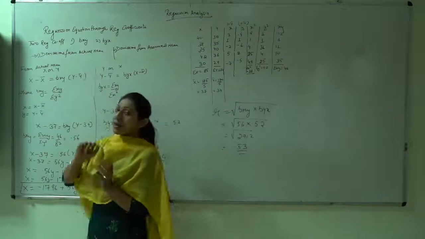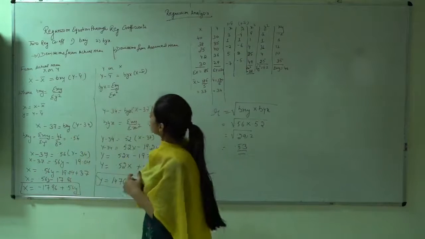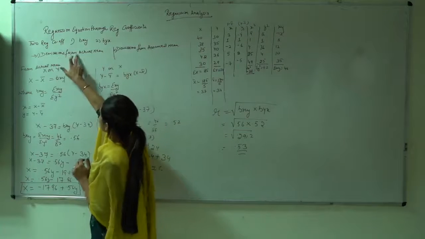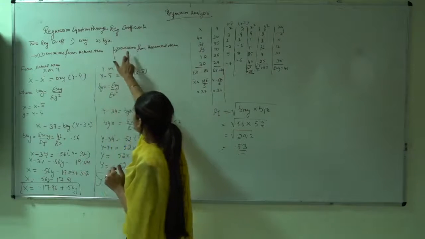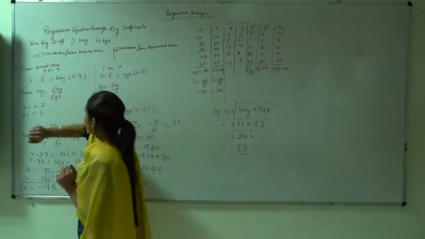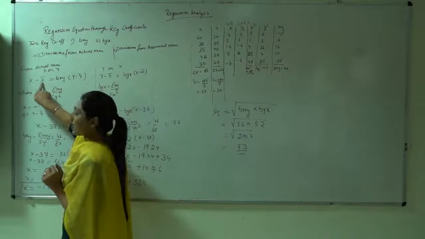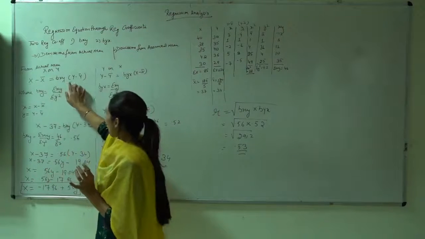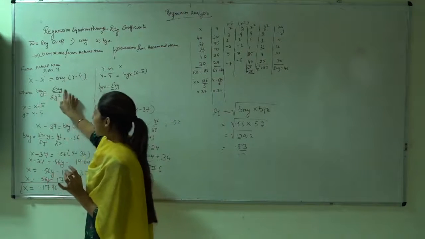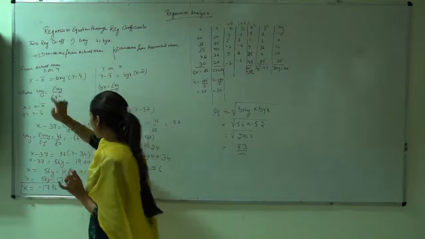Now, there are two methods with the help of which we find the regression equation with the help of regression coefficients. One is deviations taken from actual mean and another is deviations taken from assumed mean. From actual mean, the equation is x minus x bar is equal to bxy into y minus y bar, where bxy is equal to summation xy upon summation y square.